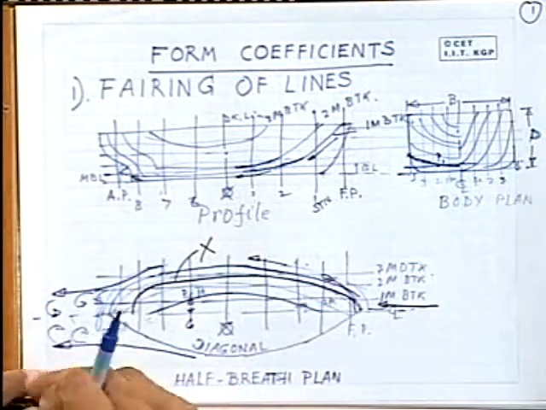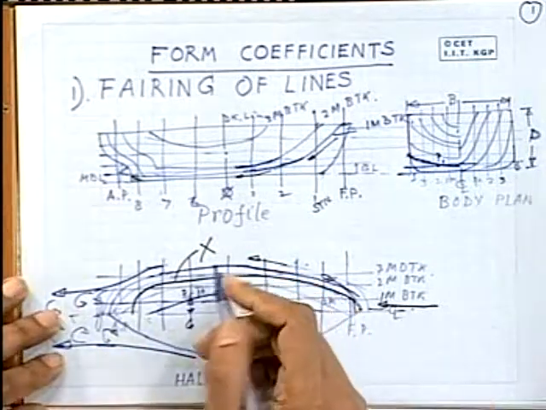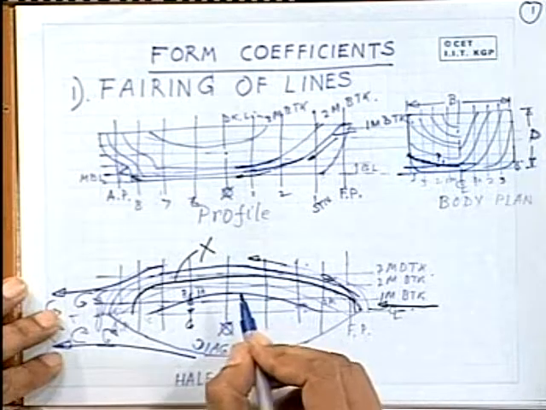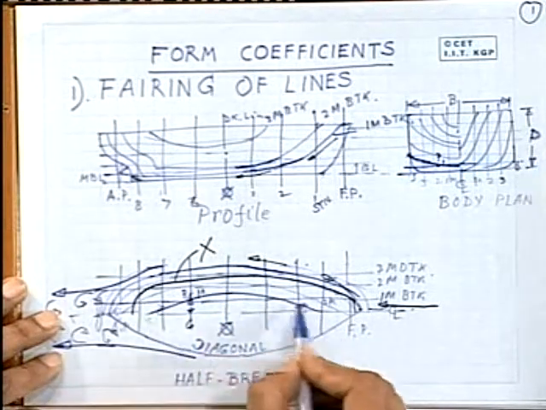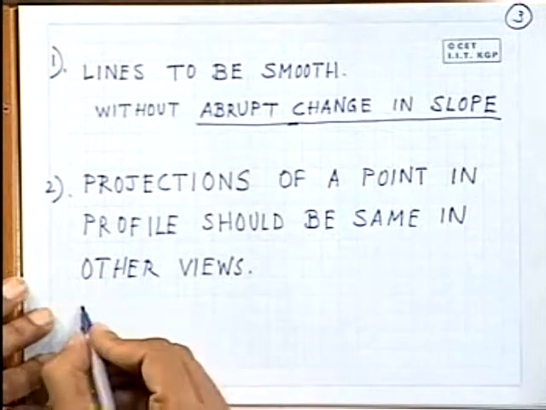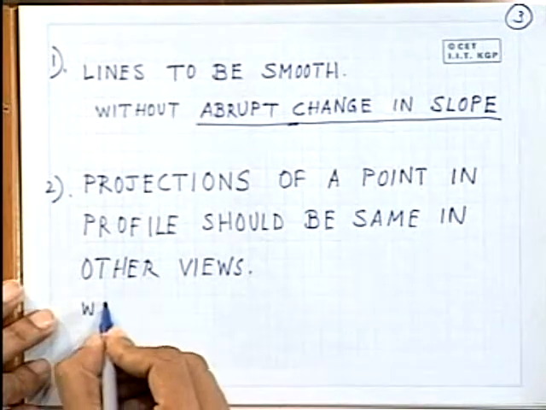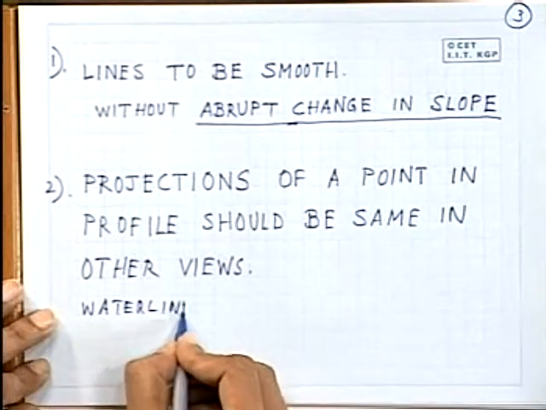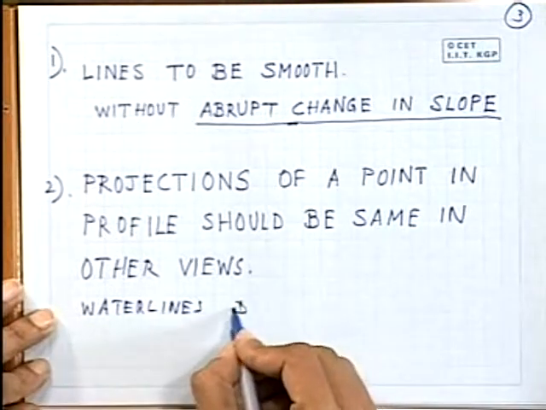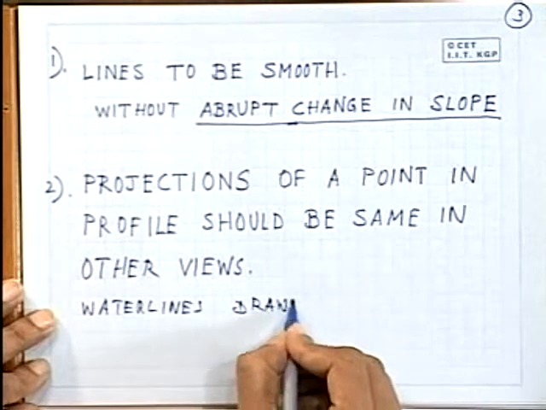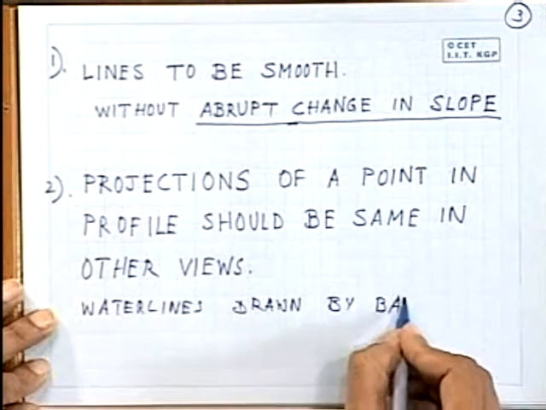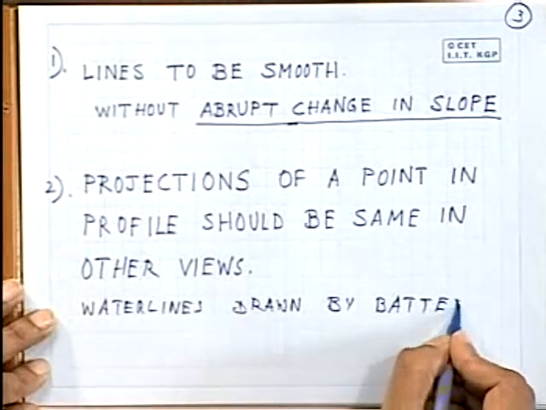Now, normally what happens when one moves one point, you will find the other points are also moved, because the water lines are drawn by battens.